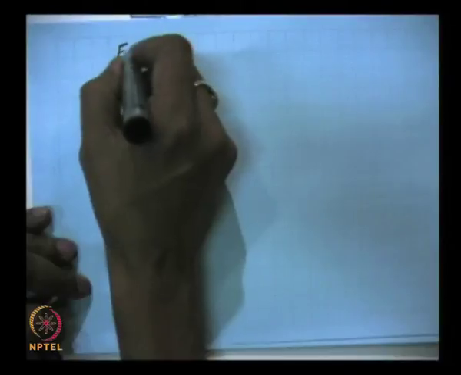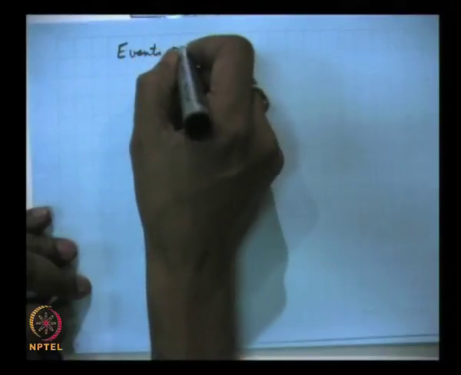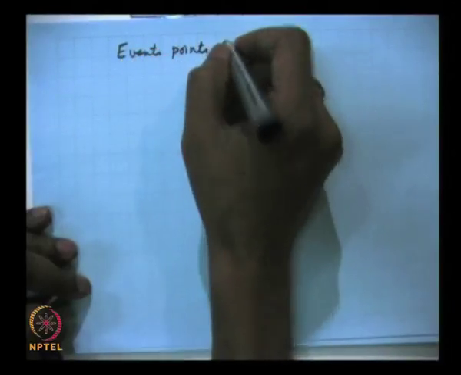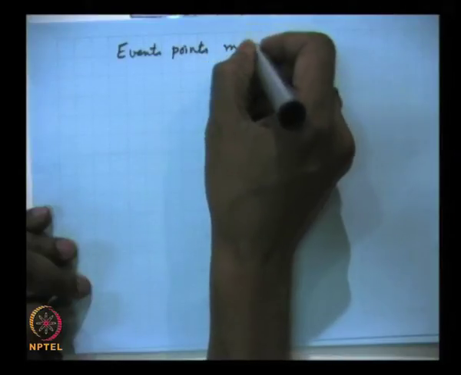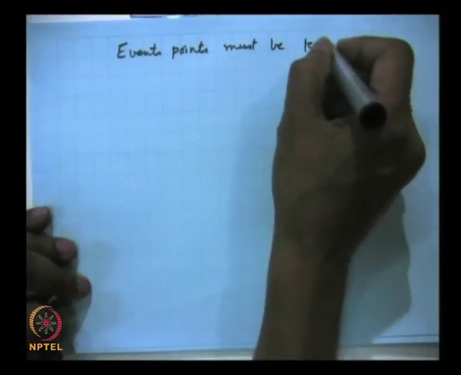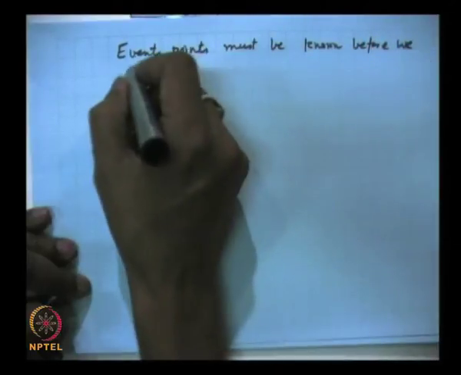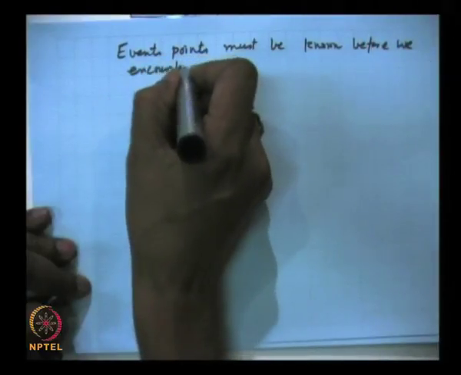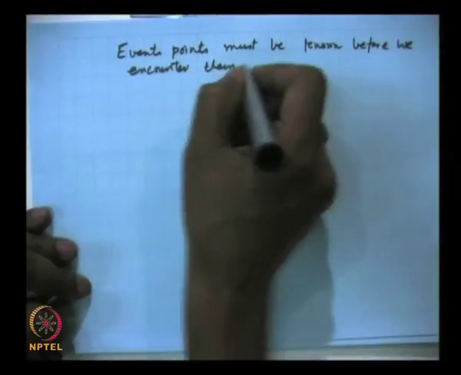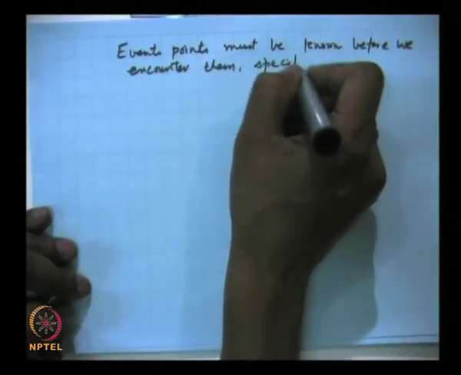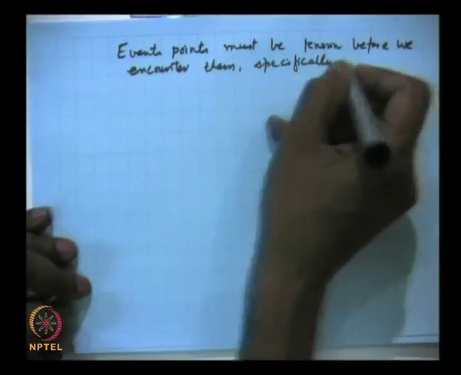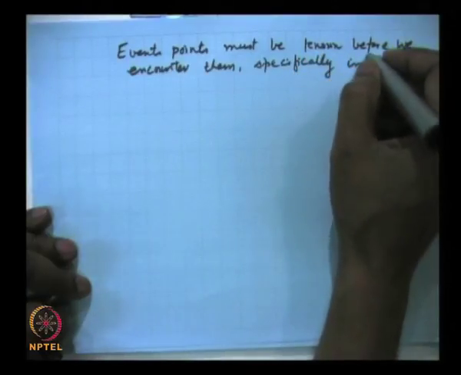So in other words, what I am saying is, event points must be known before we encounter them. Specifically, intersections.